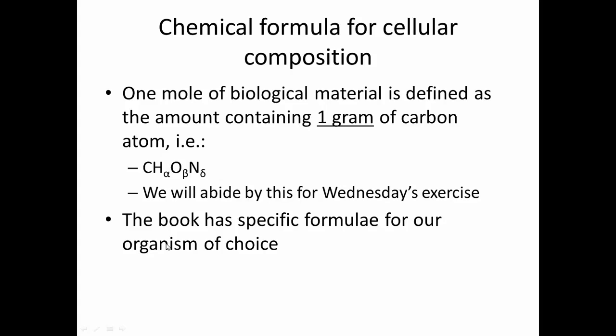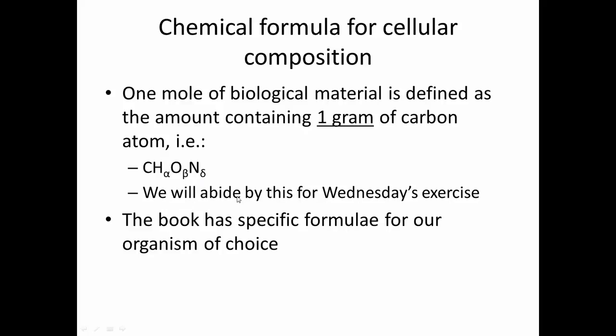Okay, so again, we'll go back to the chemical formula for cellular composition. One mole of biological material is defined as the amount containing 1 gram atom of carbon, and the general formula is written like this: CH_alpha O_beta N_delta, where alpha, beta, and delta are certain numbers, and those numbers aren't necessarily integers.